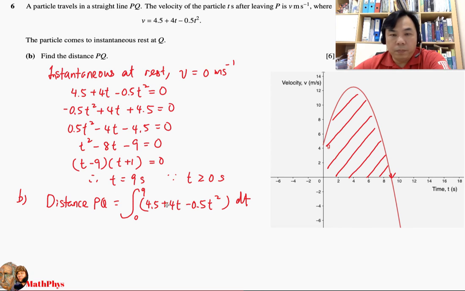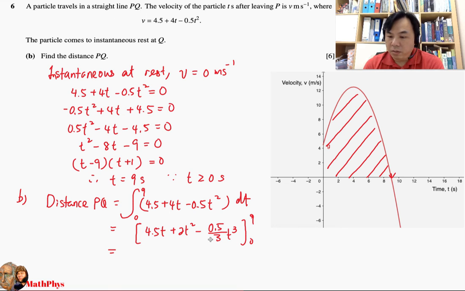Sometimes you will write down distance PQ is equal to the area under the graph. So from here we will get 4.5t squared minus 0.5 divided by 3 t cubed, from 0 to 9. Of course we only need the 9 in this case, so give me a while to calculate this.